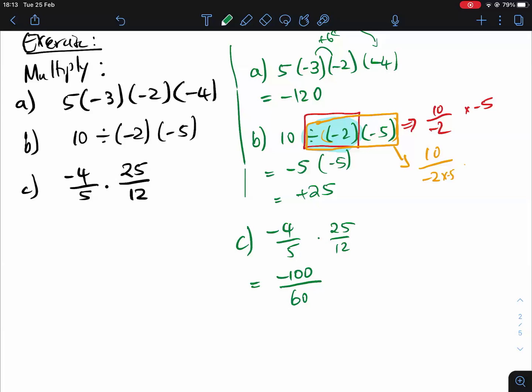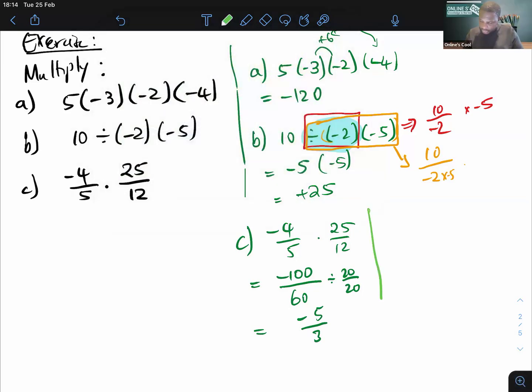You can divide it by, I don't know, 20. Yes, you can divide both sides by 20. And then you're going to get negative 5 over 3.